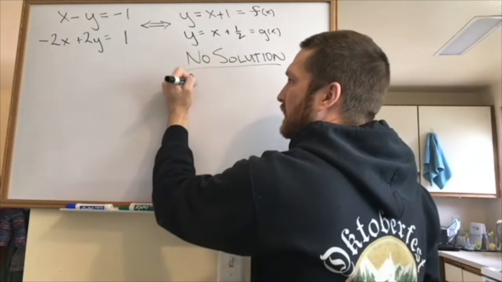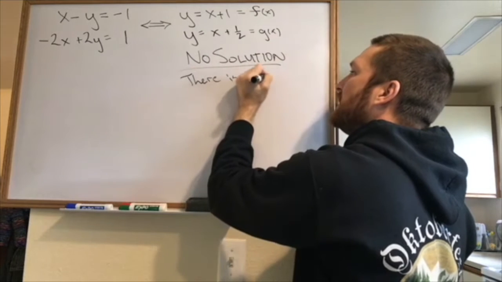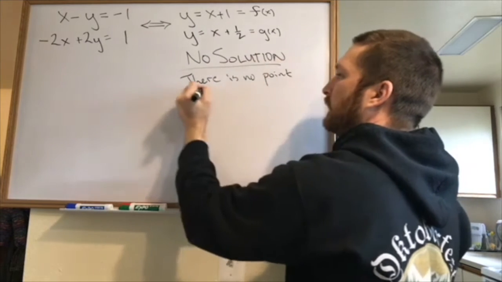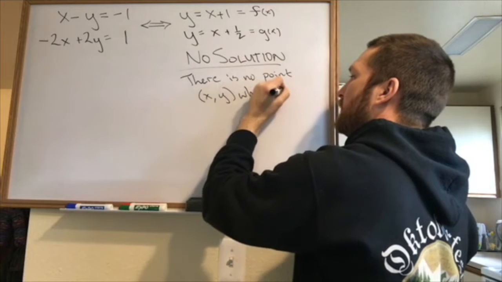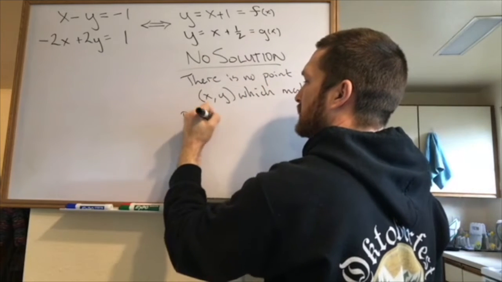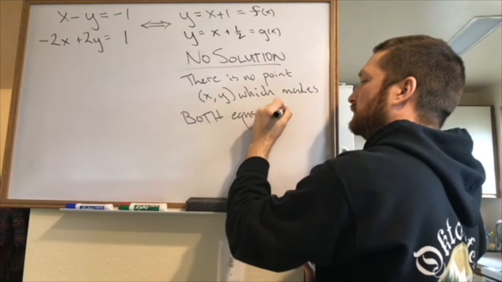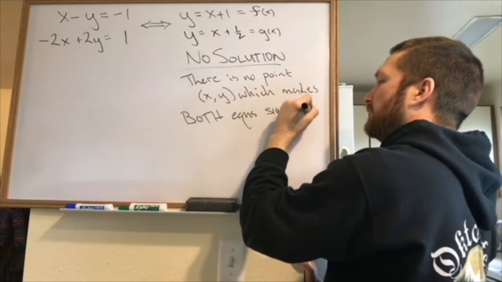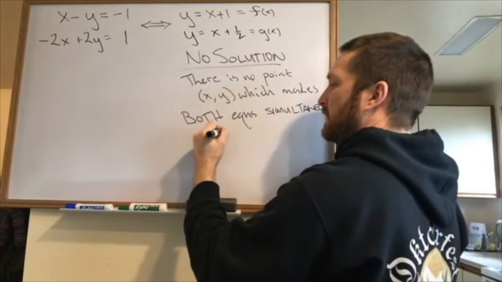Explicitly, there is no point (x, y) which makes both equations simultaneously true.